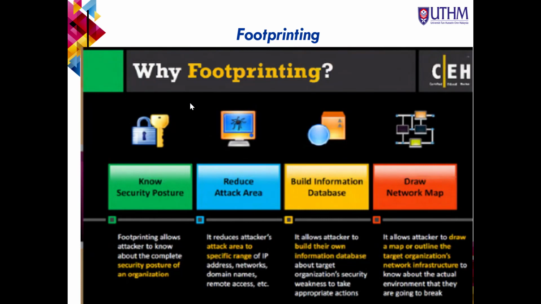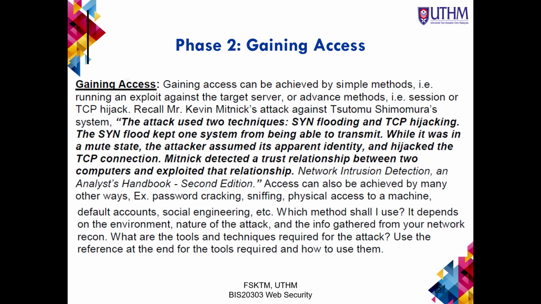The hackers will know the security posture of the network or the web, and then try to focus on what type of tech they want to use or locate in the attack area, and then build an information database, collecting data, and draw the network map, so how we want to access. Okay, that is part one. We call it reconnaissance.